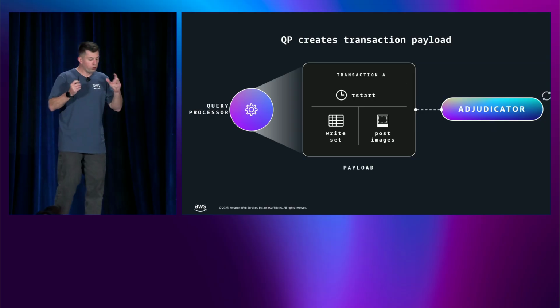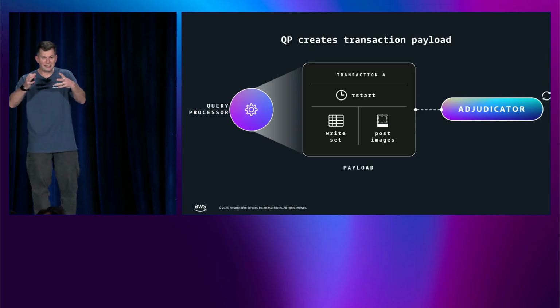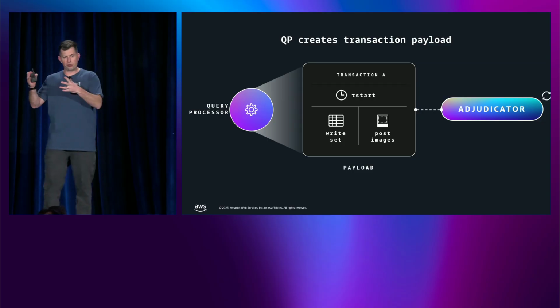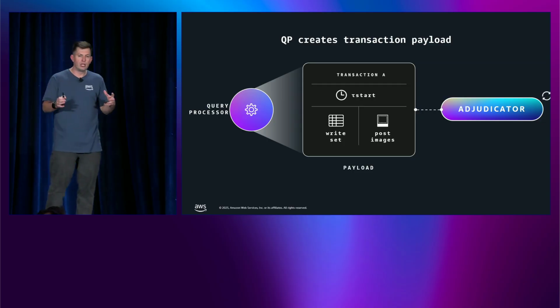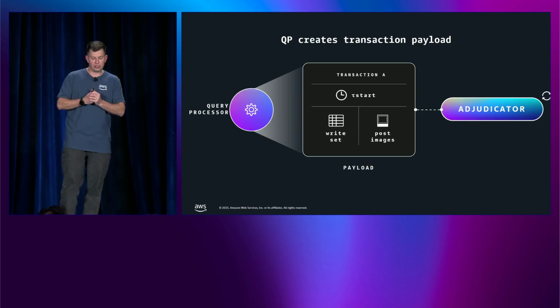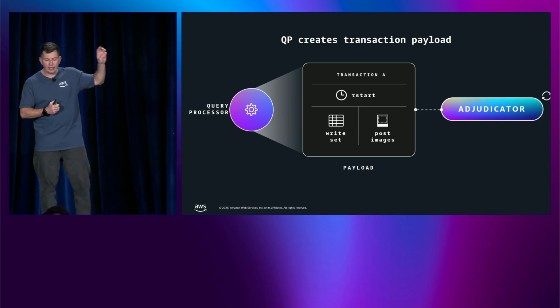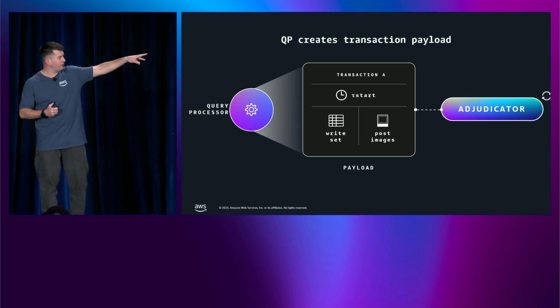To do this, the query processor creates a payload to send to the adjudicator, and this payload contains all the necessary information to make this decision. We have the write set, which contains all the items modified by the transaction.